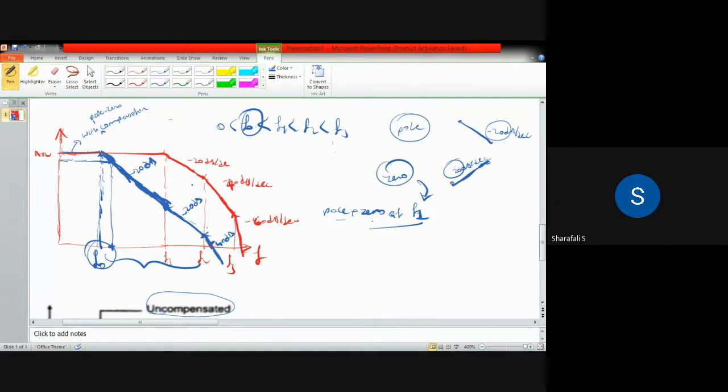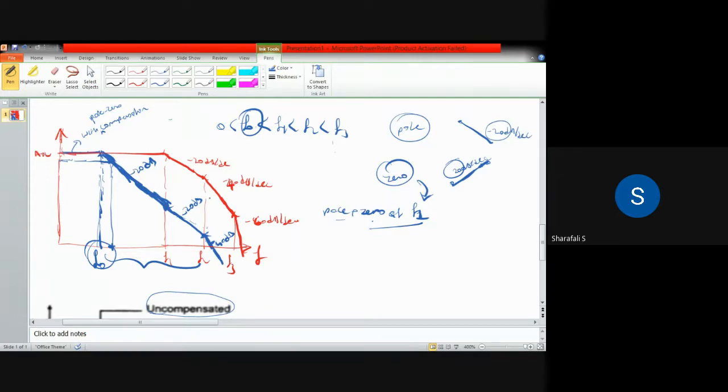So the R1, R2, RC, C1, C2 values are selected in such a way that the Bode plot possesses this kind of variation. We have to choose all those values, and we also have to consider a smooth variation.